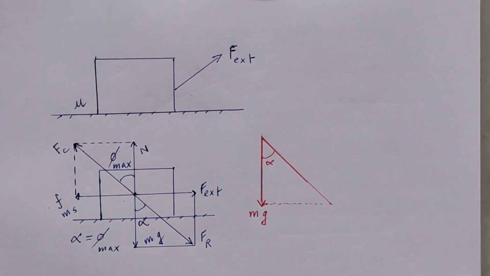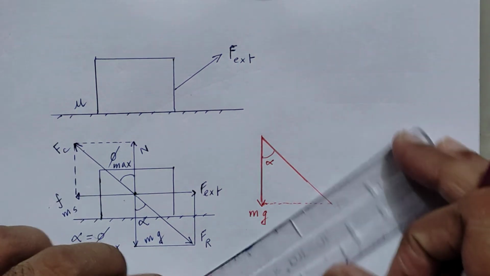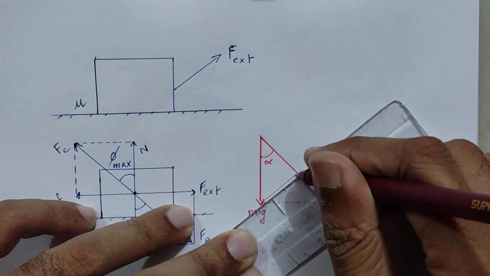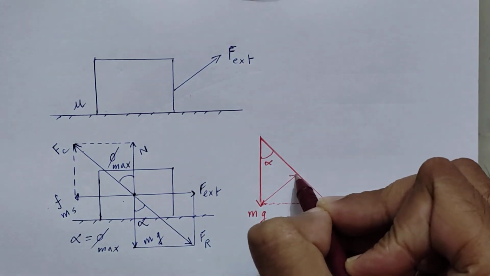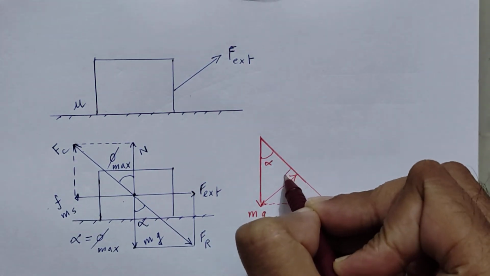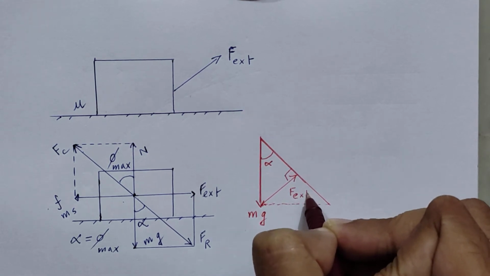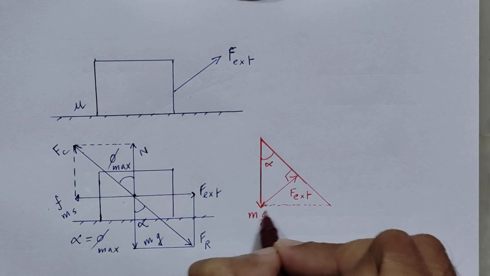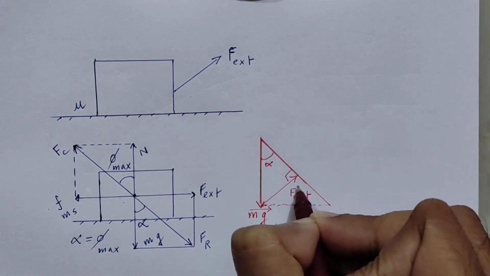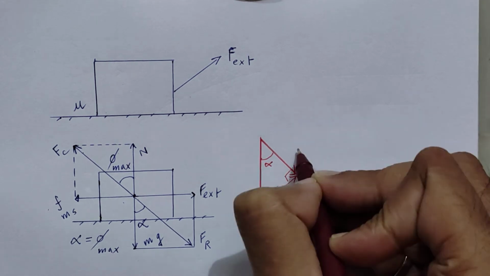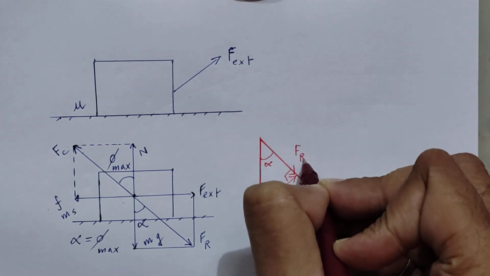We drop a perpendicular. So from mg, if I drop a perpendicular here, I can say that this is my F external. So this is mg plus F external vector, and that is providing me the resultant force Fr.